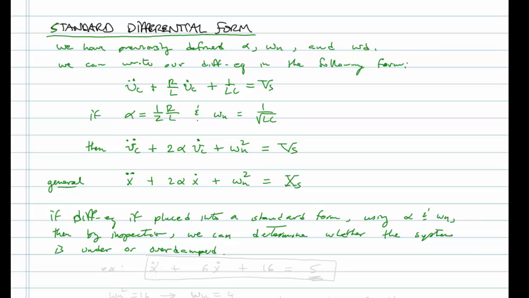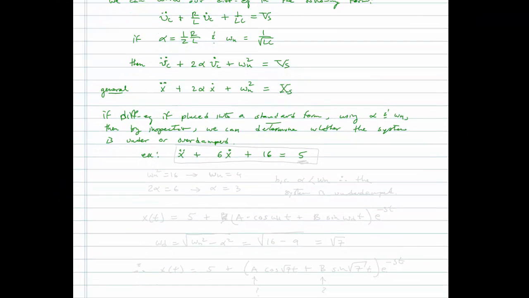Okay? So let's say I gave you an equation x double dot plus 6x dot plus 16 x equals 5. Question, is the system underdamped or overdamped? Well, we have omega n squared is equal to 16, therefore omega n is equal to 4.